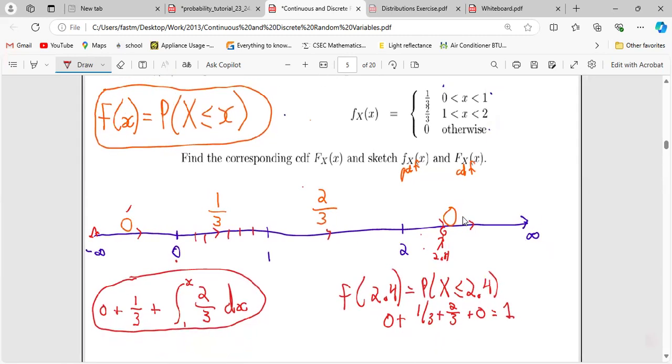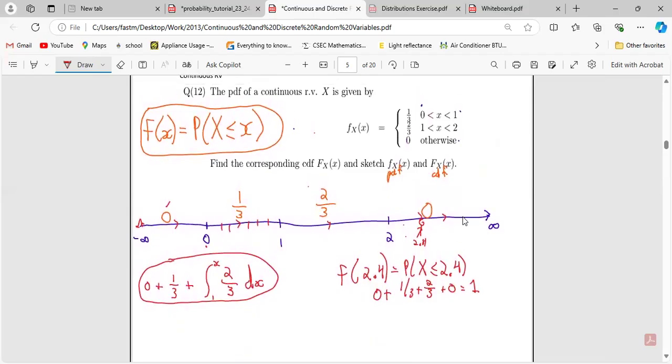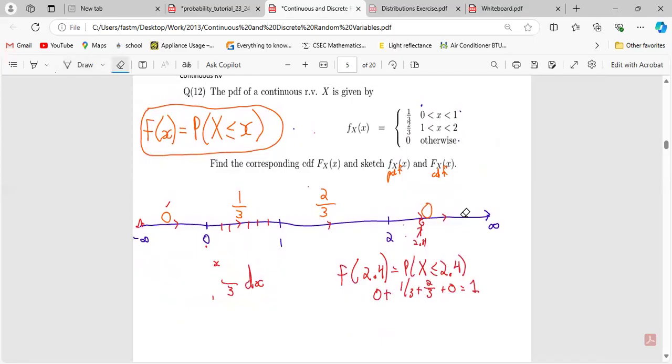Okay, so let's look to plot the CDF of it. So let's use the same graph I have here and run through, so you can actually see how it does work. So when I say plot the CDF of a graph, she wants us to integrate.